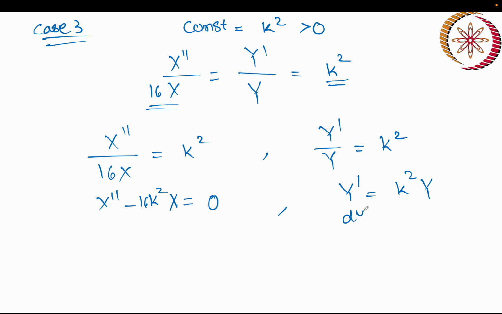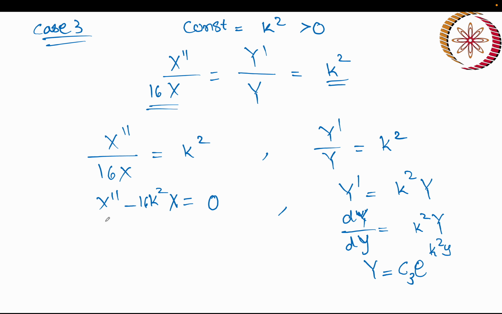So you can see this is nothing but dY by dy, small y, is k square y. So this one what you will get is y is equal to e raised to k square y times c3, and here we will get c1 c2.